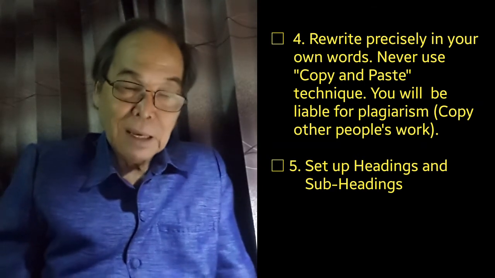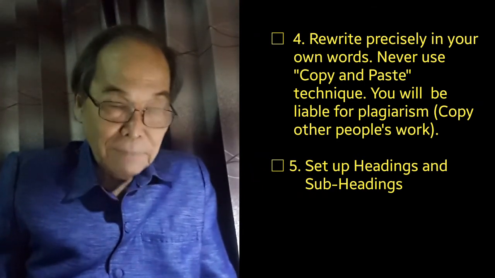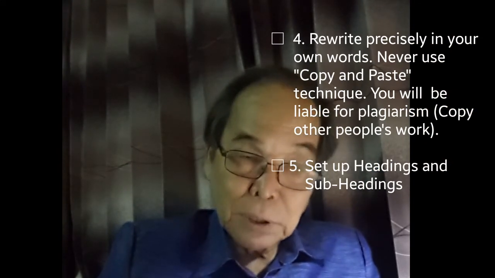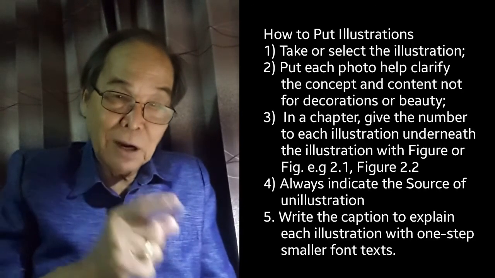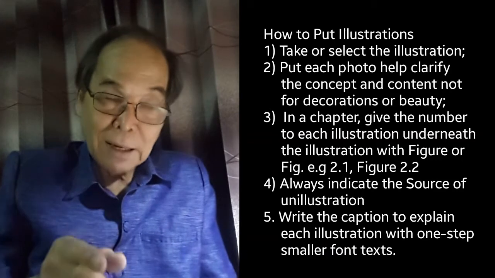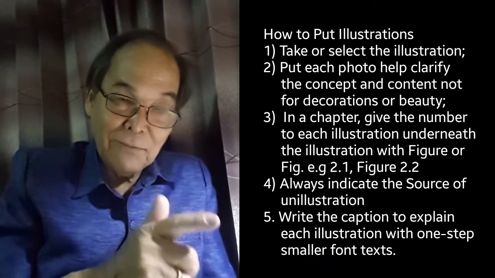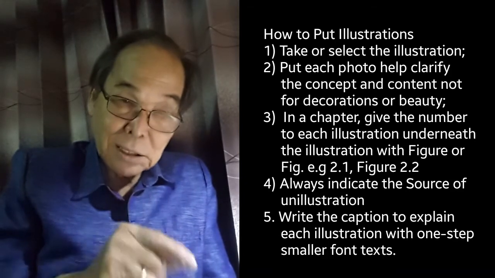chapter 2. Now, usually, we allow you to put illustration in chapter 2, but you have to give the number. You have to say figure 2.1 because it belongs to chapter 2. Figure or FIG and stop.